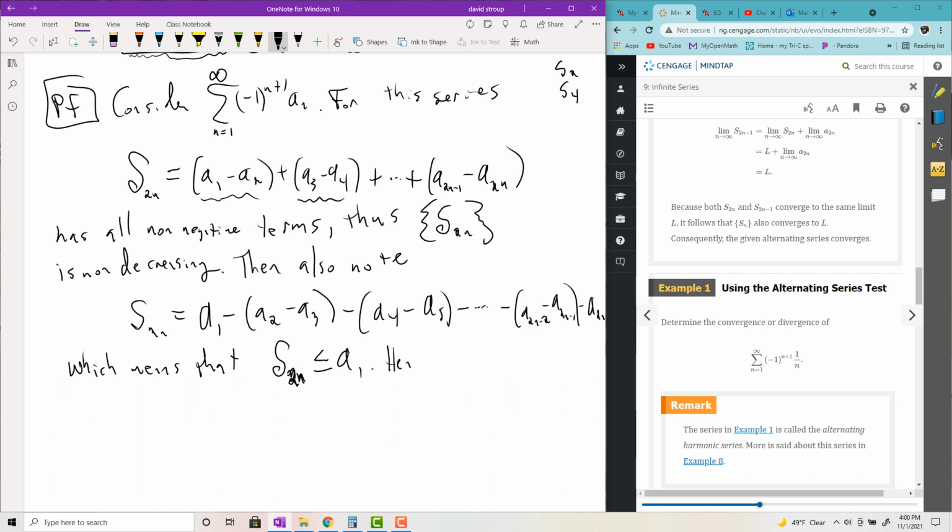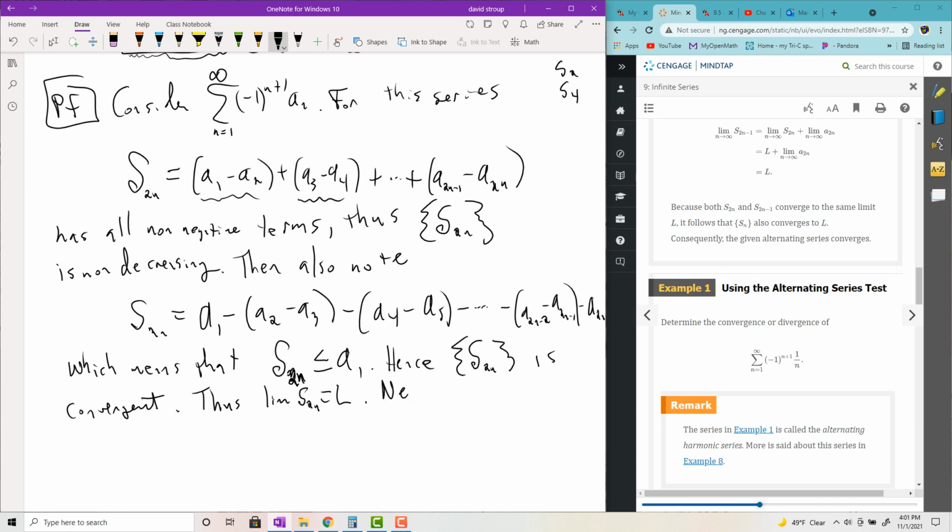So hence, this sequence of partial sums s sub 2n is convergent. Thus we can say its limit equals some number L.